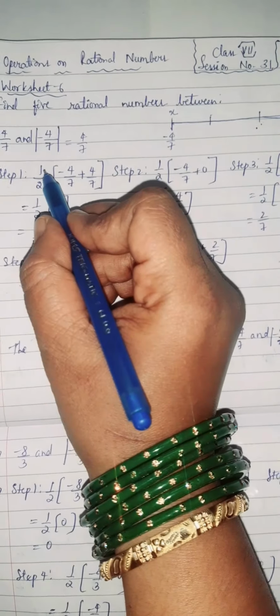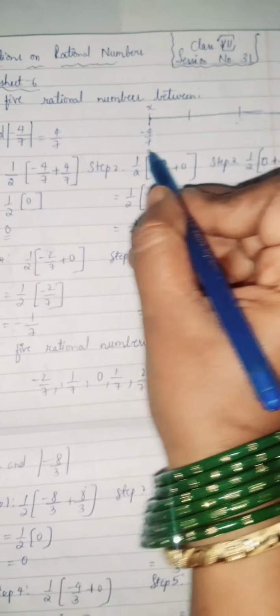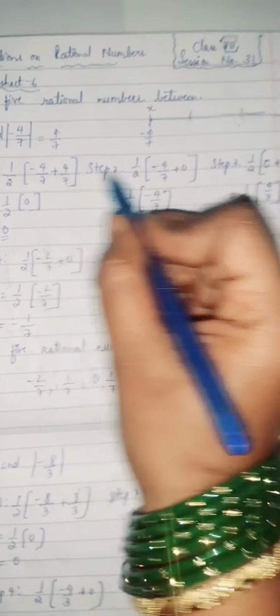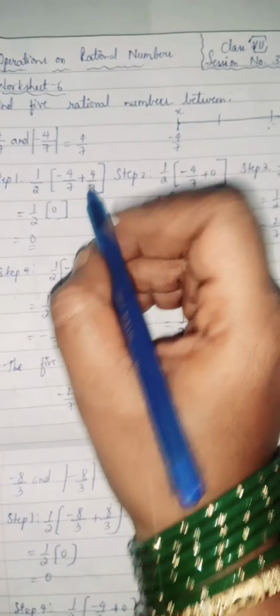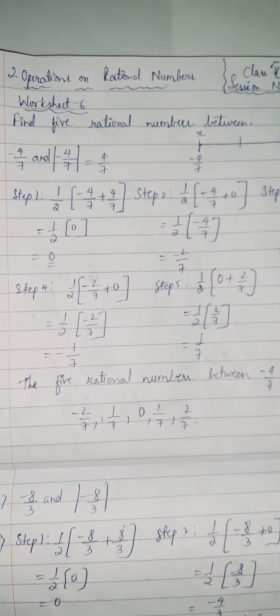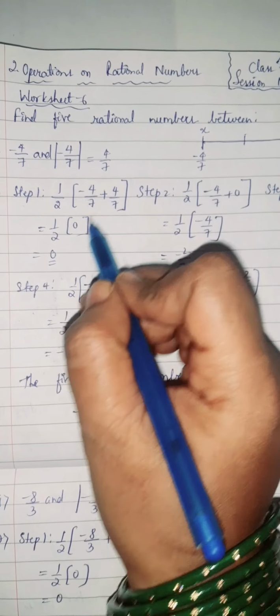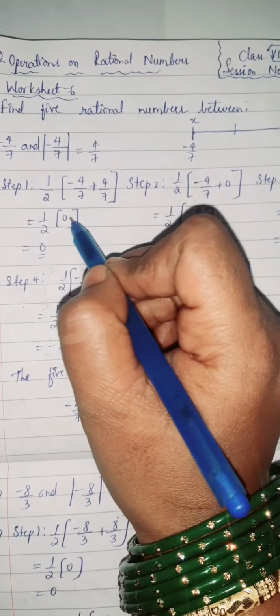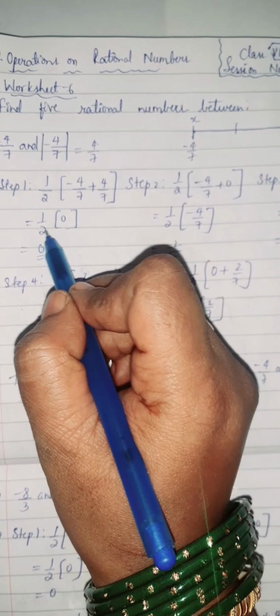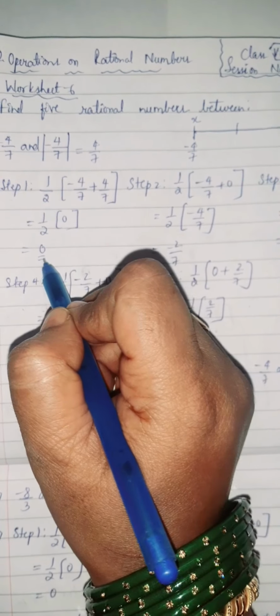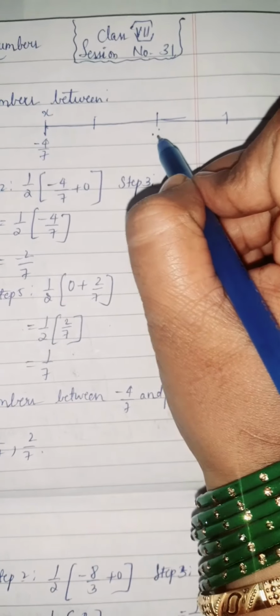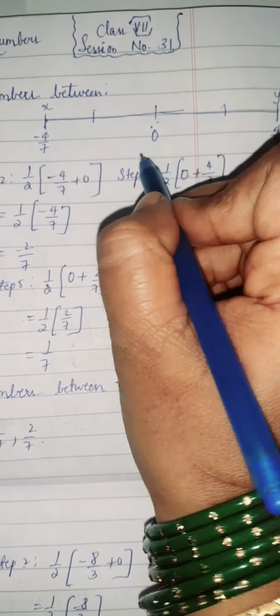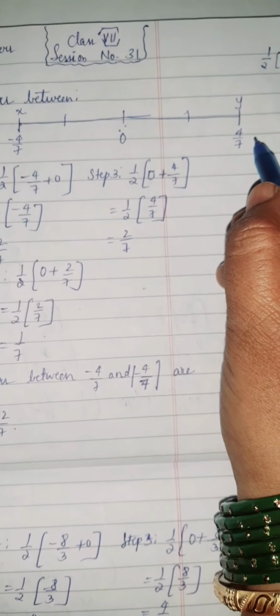We have to write 1 by 2 into minus 4 by 7 plus 4 by 7, which is equal to 1 by 2 into, minus 4 by 7 plus 4 by 7 get cancelled, you are left with 0. Any number multiplied by 0 is 0. So the middle rational number we get is 0 between these two rational numbers.